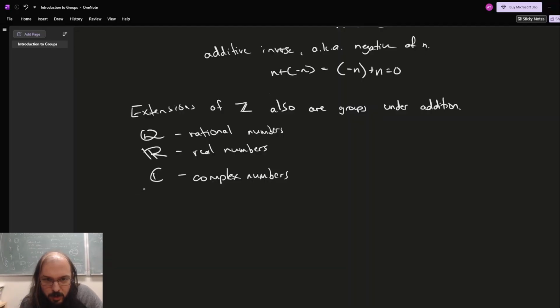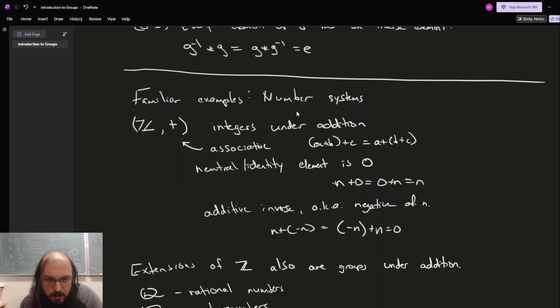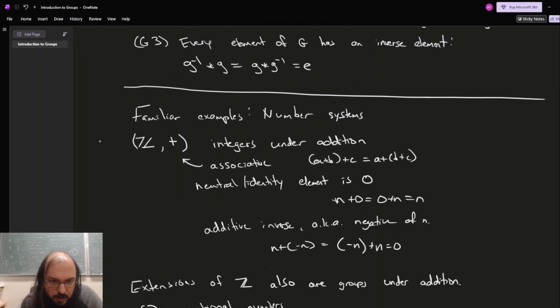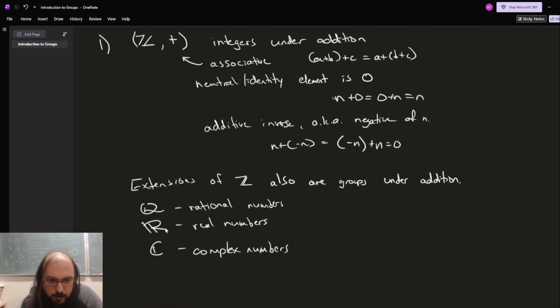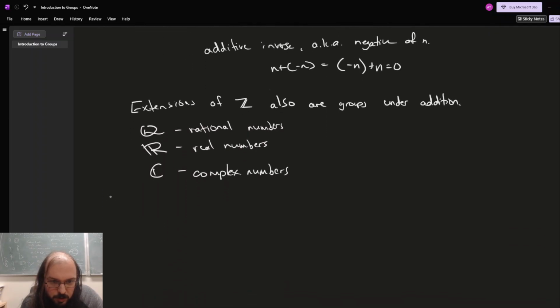Of course, addition is not the only operation we can use. We can do multiplication as well. Maybe I should come up here and write, this is our example 1. We can also make an example 2. How about Q minus 0?